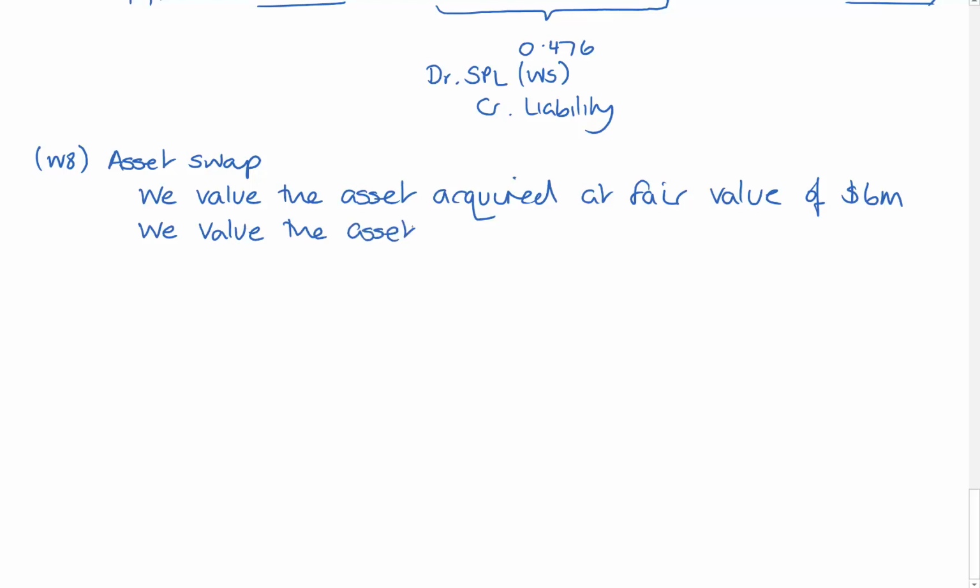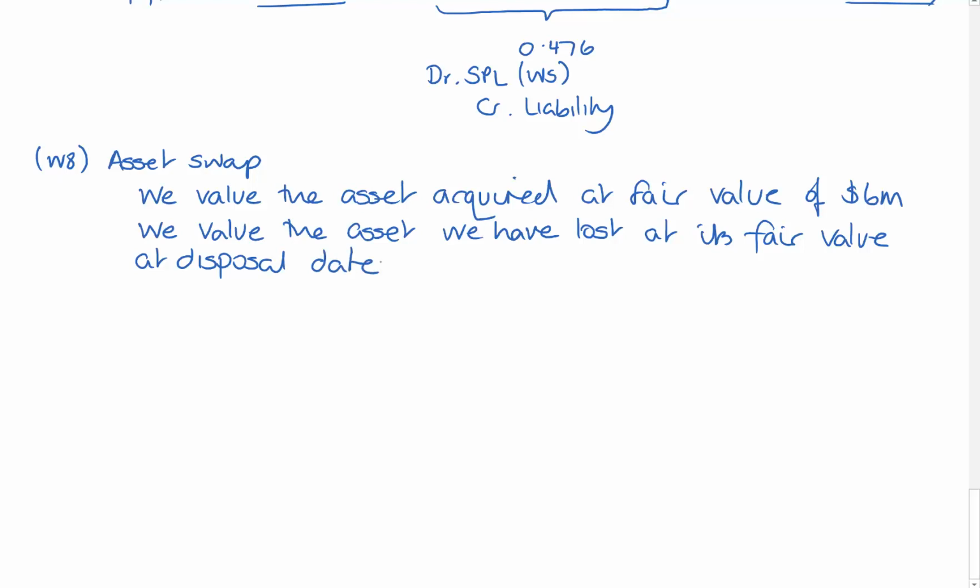We value the asset that we have lost at its fair value at the disposal date. Well, it says in exchange for the plant, the supplier received land.